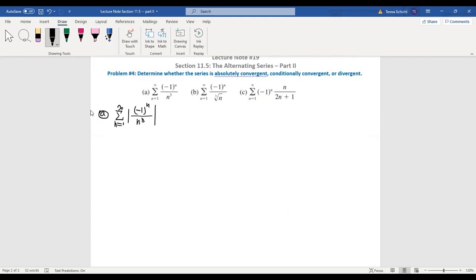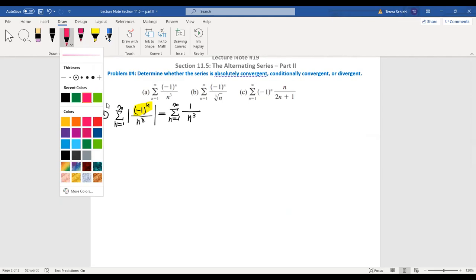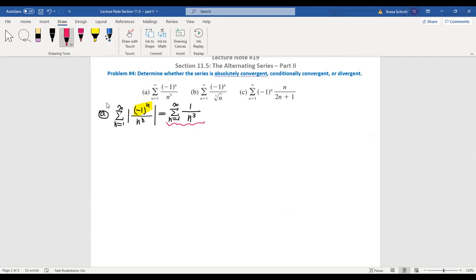So this one will be equal to the sum from n equals 1 to infinity of 1 over n cubed, because with the negative sign, when you put it into the absolute value, it's just positive. And then we see this one here. So what is this one?